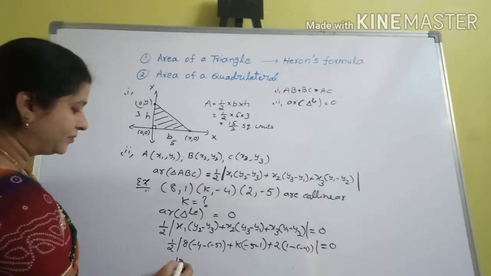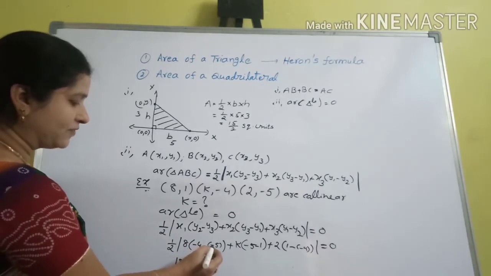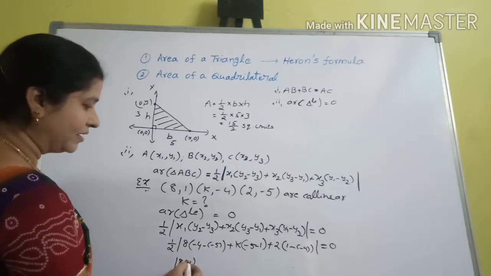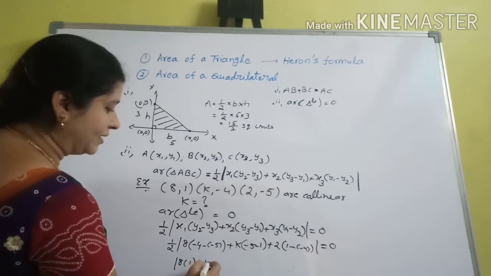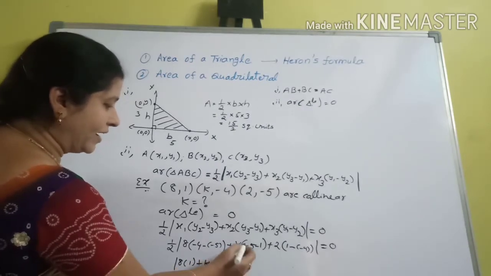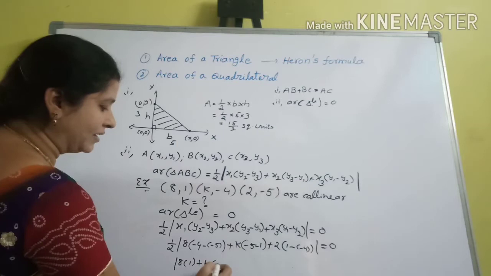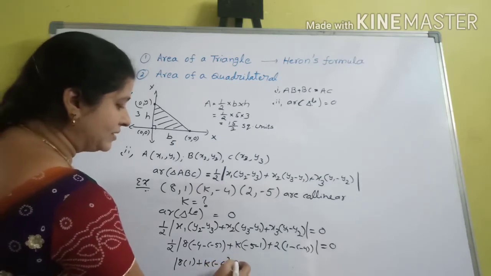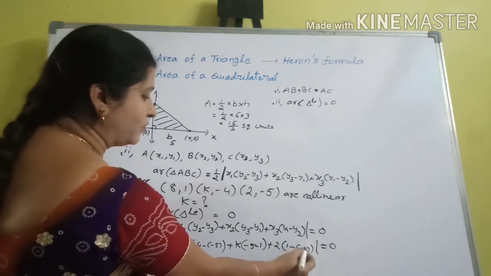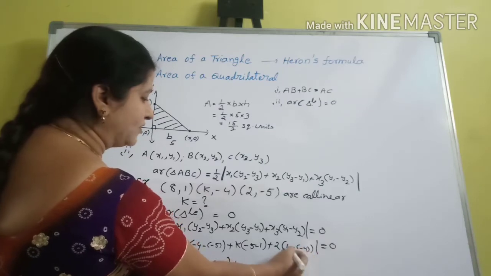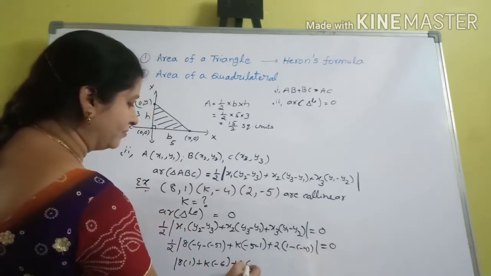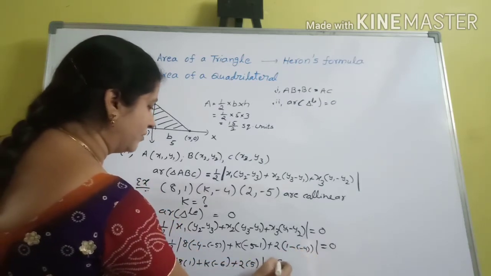So 8 into (minus 4 plus 5), that is 1. The k term is as it is: k into (minus 5 minus 1), that is minus 6, plus 2 into (1 plus 4), so 1 plus 4 is 5, 2 into 5, equal to 0.